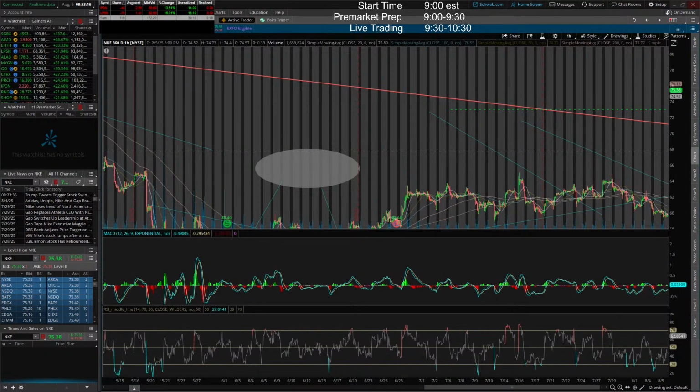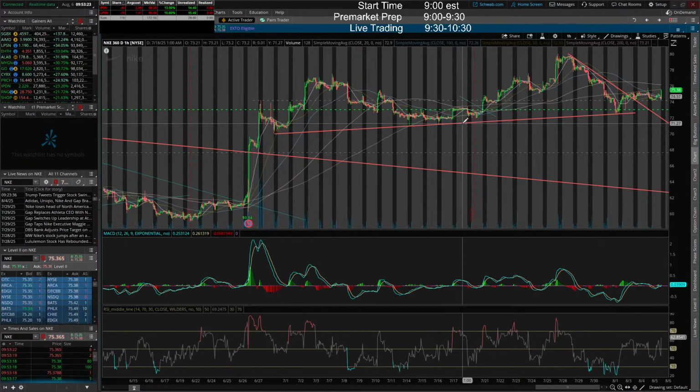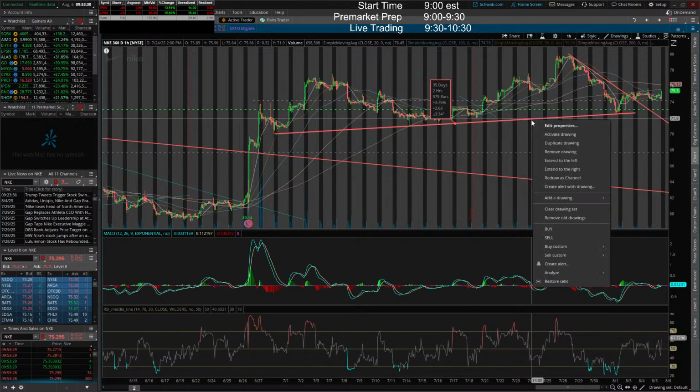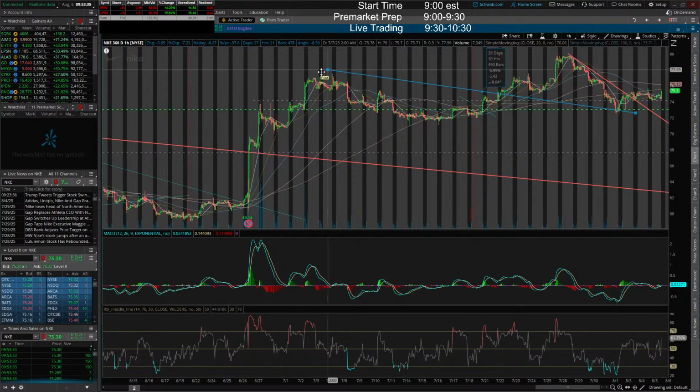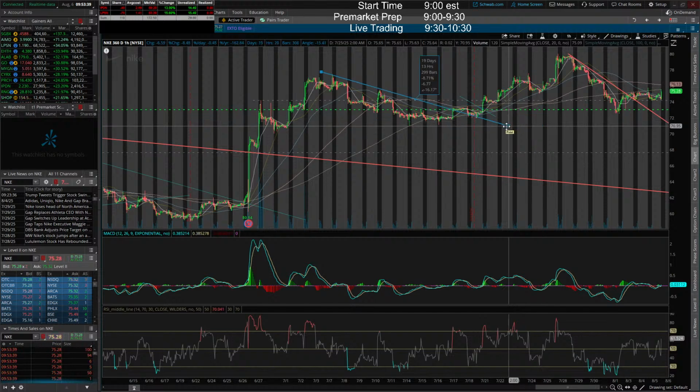Nike. Same exact thing. Look at Nike looking good. So Nike was the same thing. We already traded it once. This is trade number 2 on Nike.